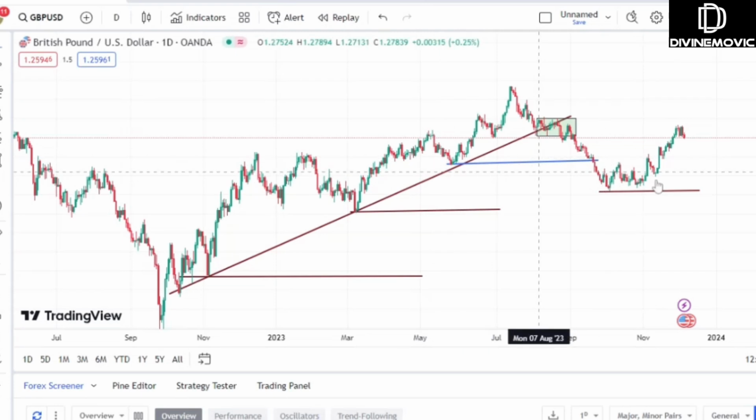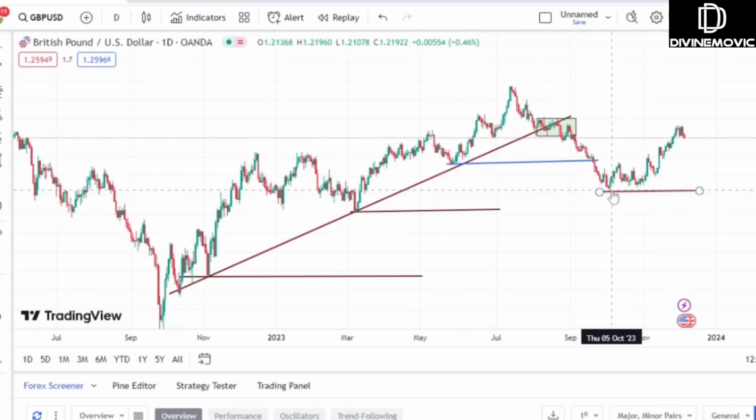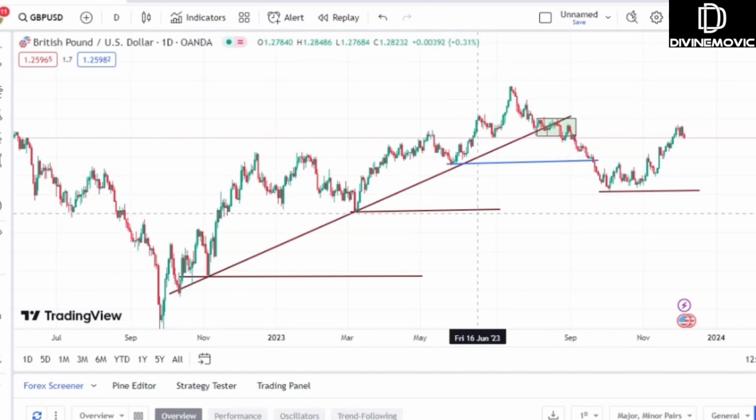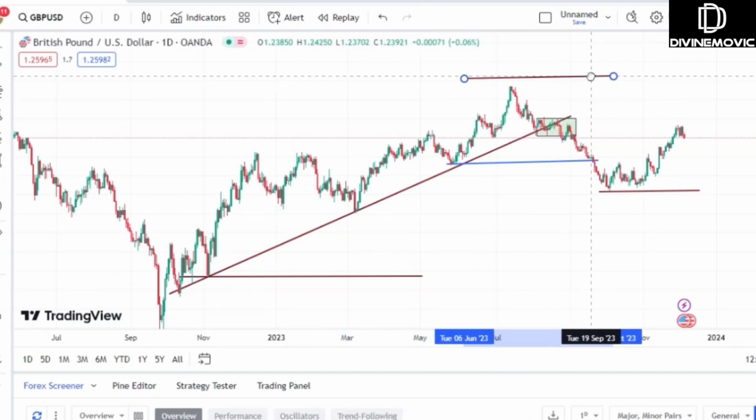This low is lower than this low, so here becomes a new low. So my focus now is to pay attention to this new low, this point of interest, and as well this high that is here.